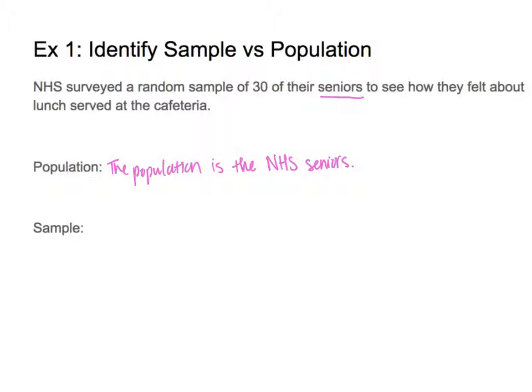We only sampled 30 of the seniors. Since we're only surveying 30 of them, that's our sample. So the sample is the seniors that were surveyed.